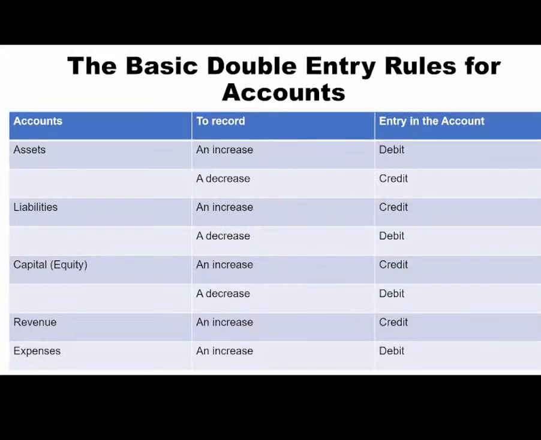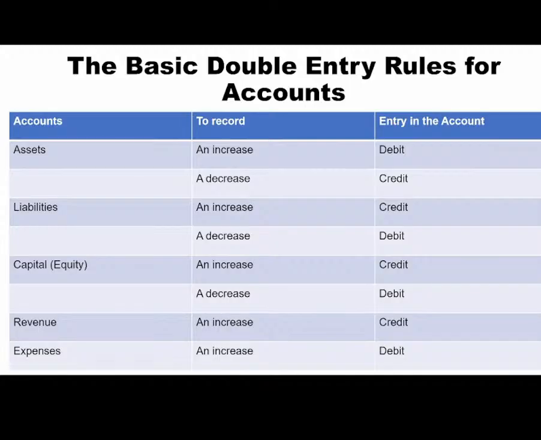So let's look at the basic double entry rules for accounts. You have the accounts, what to record and the entry in the account. For an asset, an increase, we debit. A decrease, we credit. For liabilities, an increase, we credit, a decrease, we debit.